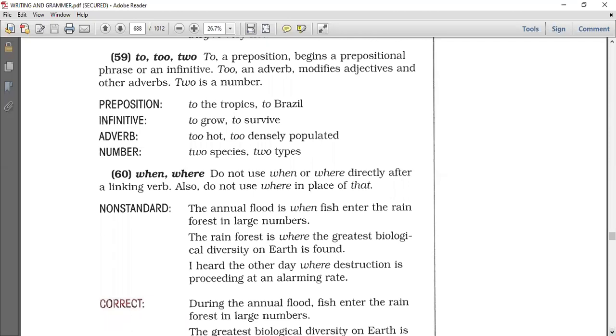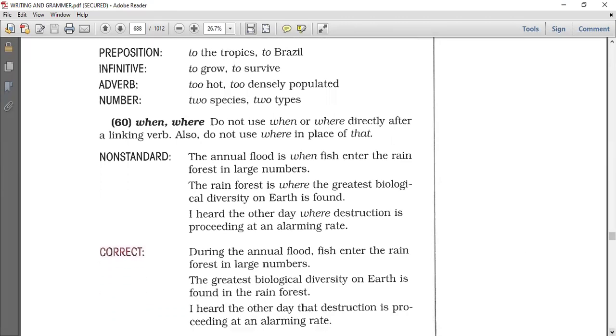It modifies an adjective or another adverb. Two, TWO, is a number. To the tropics, to Brazil, to grow, to survive, this is an infinitive. Too hot, too densely populated, two species, two types, and so on.